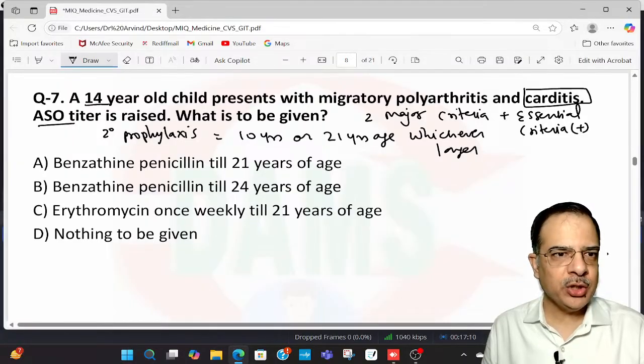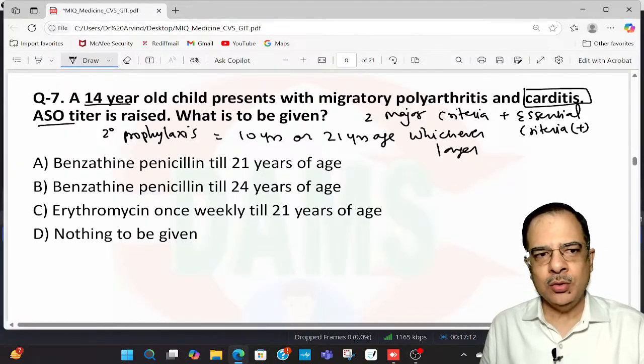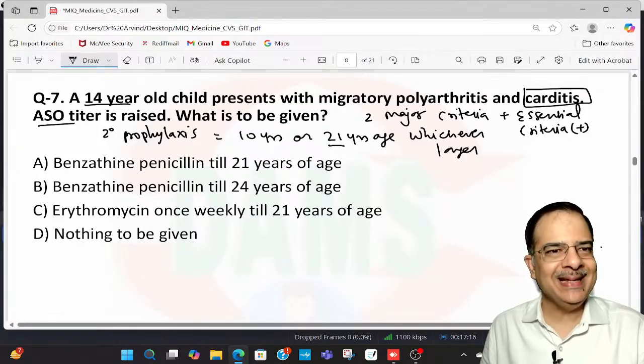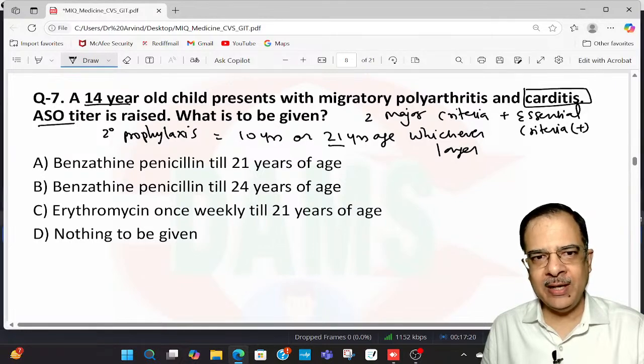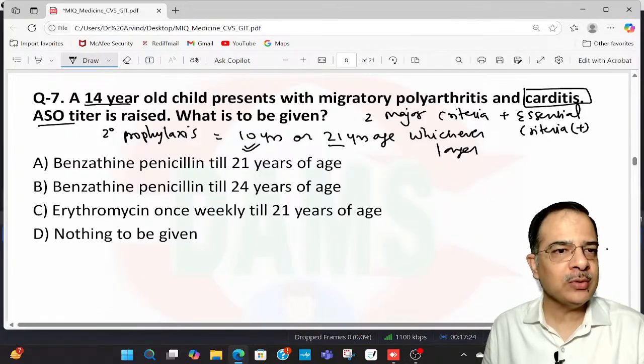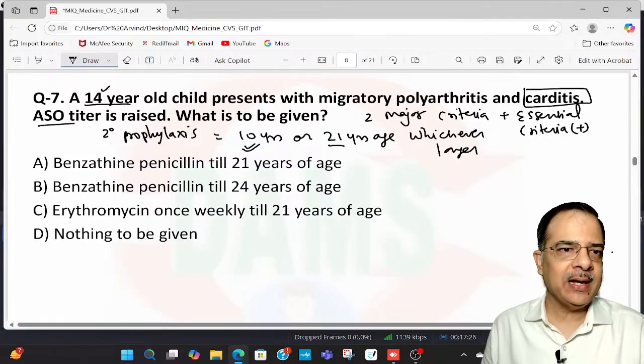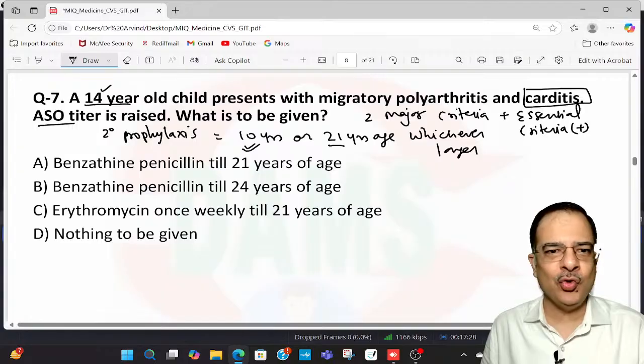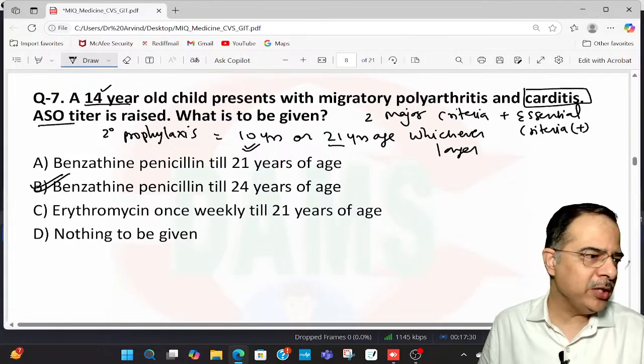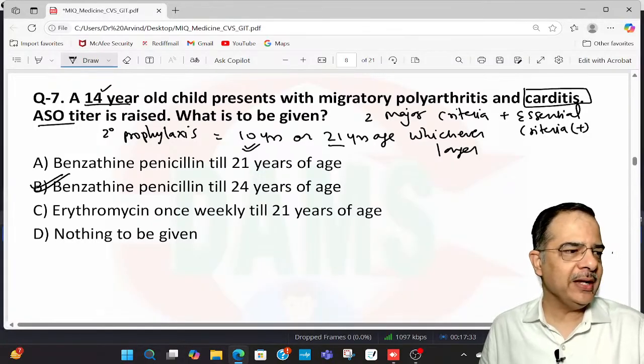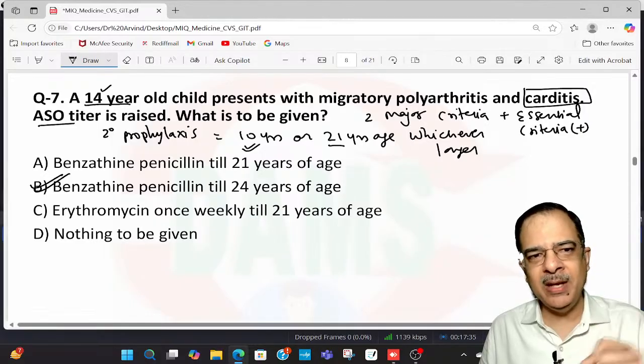Let's see, the patient is 14 years old. If we give till the age of 21 years, it will be 7 years. And if we give it for 10 years, that will be a longer duration. Here the longer duration will be 10 years from the present age, and by that time the child will be 24 years of age. So the answer is B option.